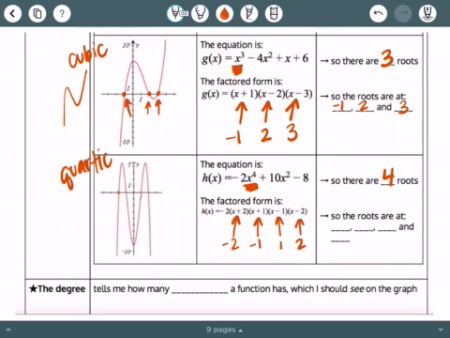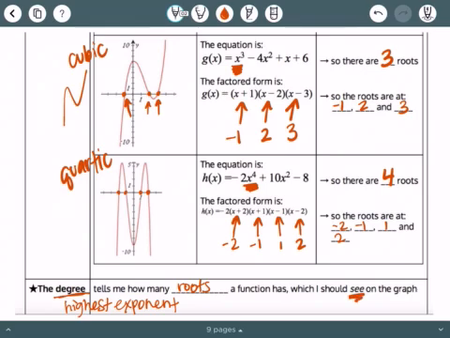We see them on the graph, -2, -1, +1, +2. We can write them right here where the roots are. So basically what we're saying here is the degree, which is the highest exponent, right? The highest exponent tells us how many solutions or roots a function has, which I should see on the graph.